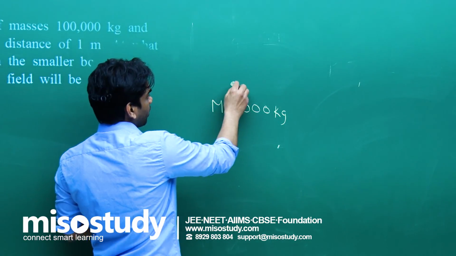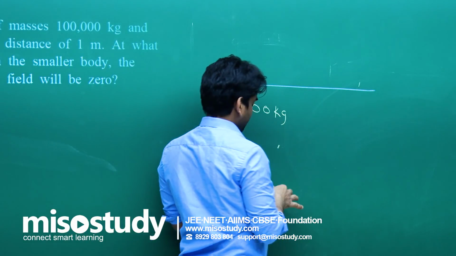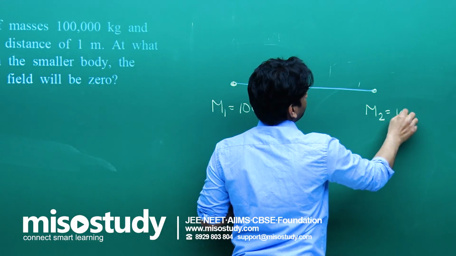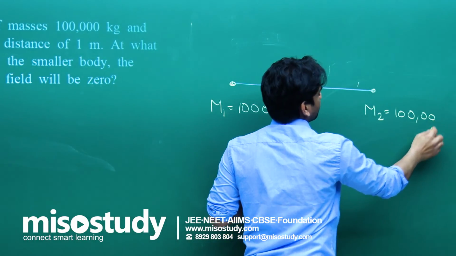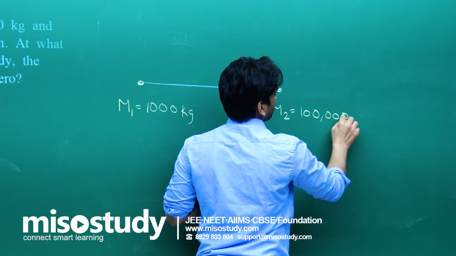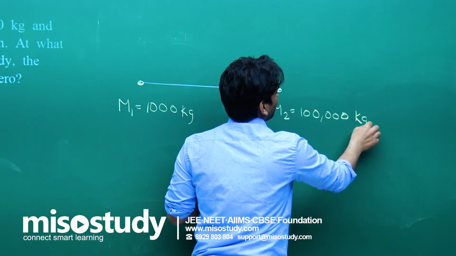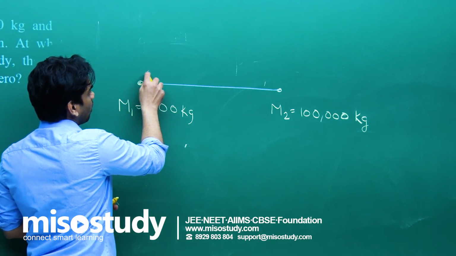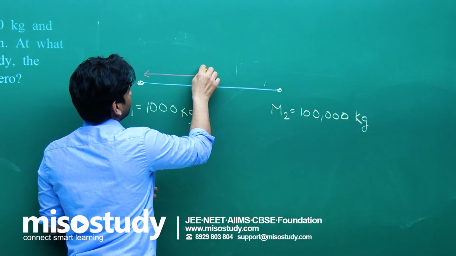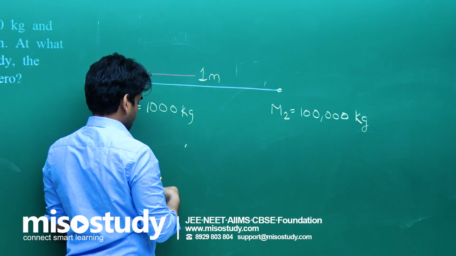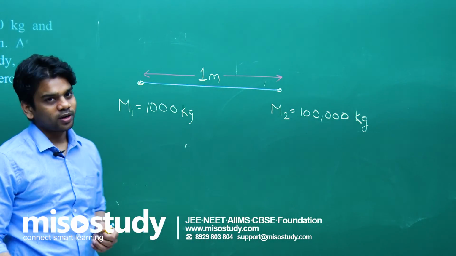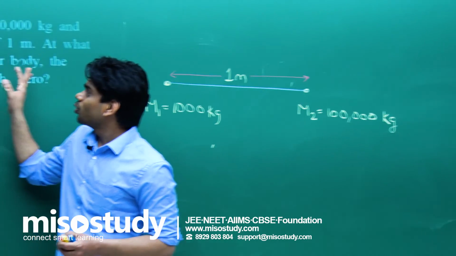Then M2, the second mass, is equal to 100,000 kg. Both are separated through a distance of 1 meter. This is the information provided.